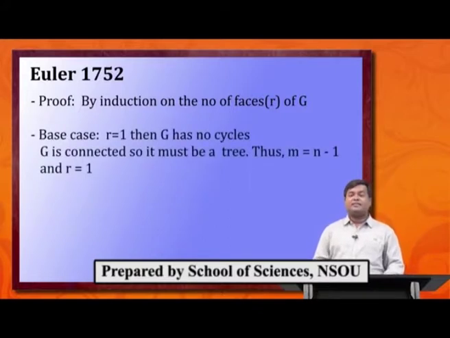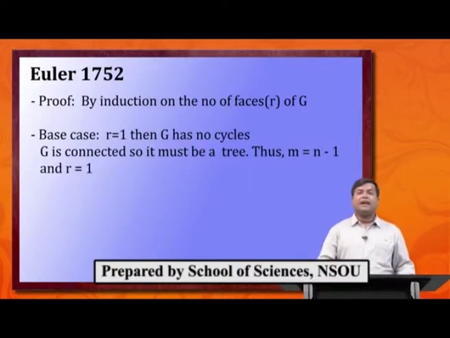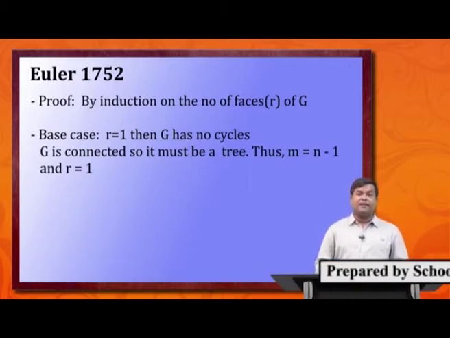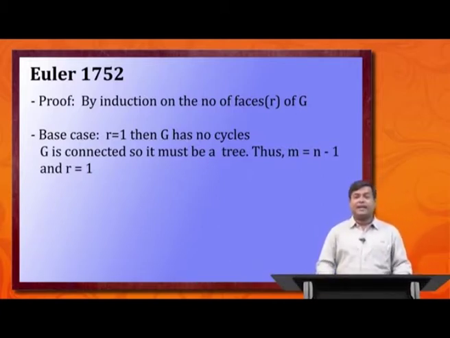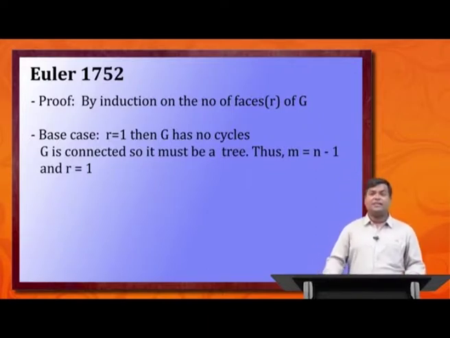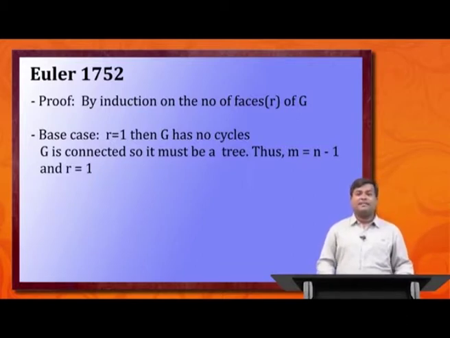So the base case: r equals 1, then G has no cycle. We have already seen if r equals 1, then G has no cycle. Right? G is a connected acyclic graph, so it must be a tree, and we know that for a tree, the total number of edges is equal to the total number of vertices minus 1.